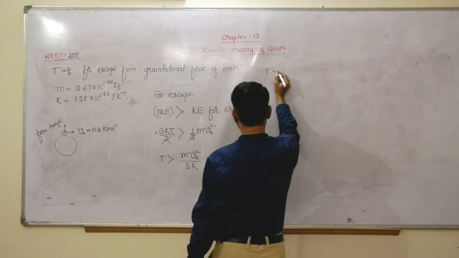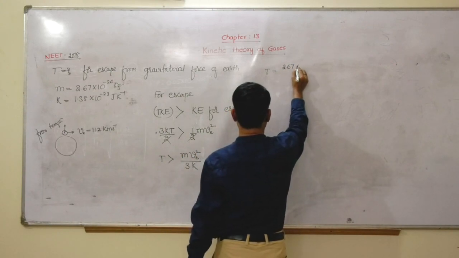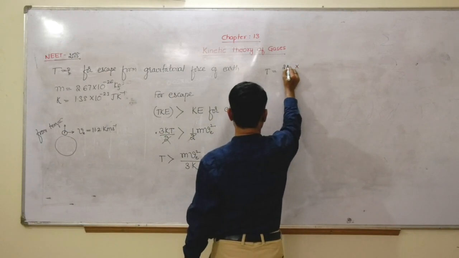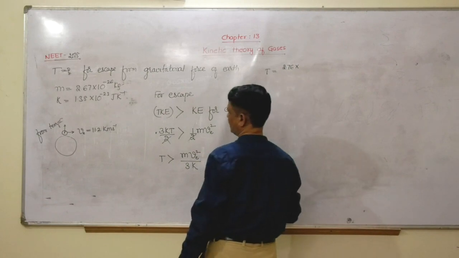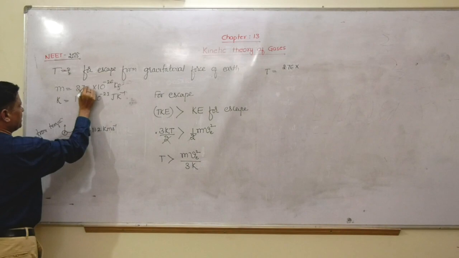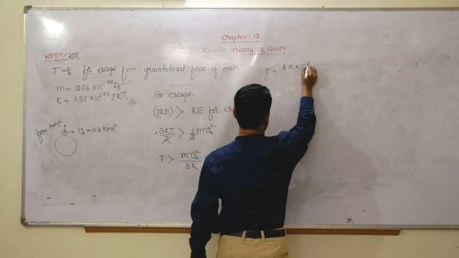T is equal to, m means 2.67 or 76 something is there, 2.76, I don't remember exactly, it may be 2.76 into 10 to the power minus 26.